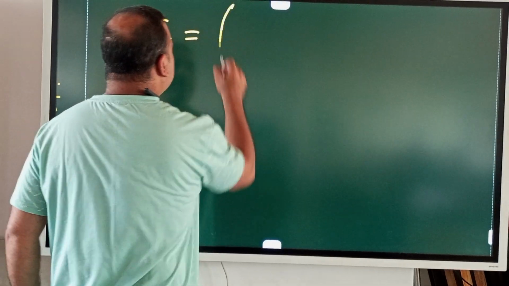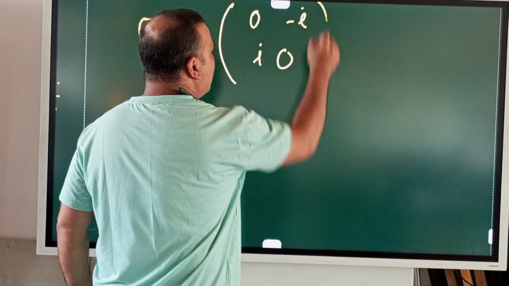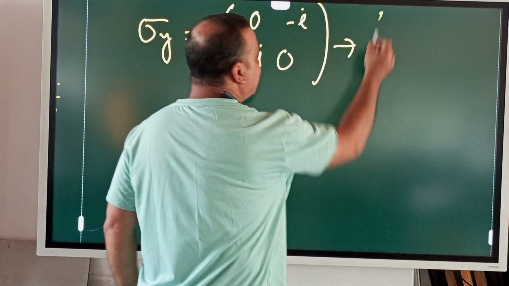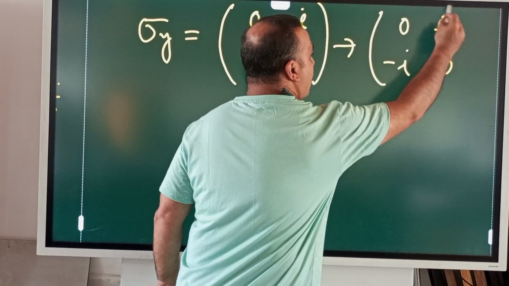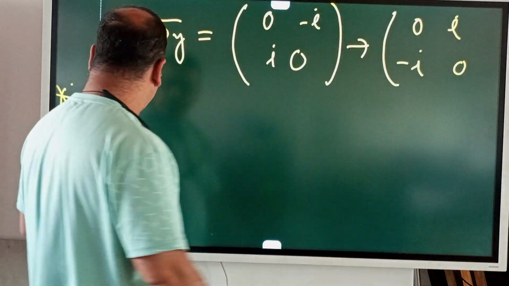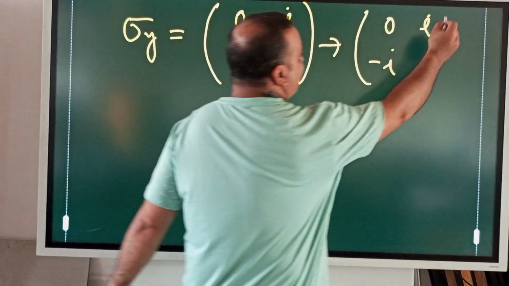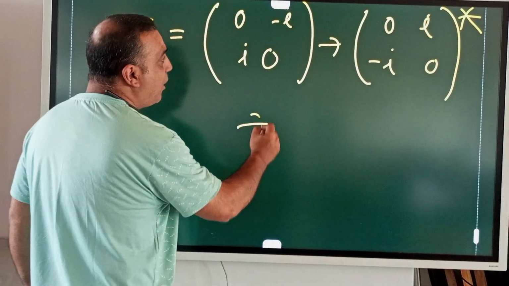Sigma y is 0, minus i, i, 0. Take its transpose, that will be 0, i, minus i, 0. Getting my point? You have taken its transpose, and now you will take its complex conjugate.